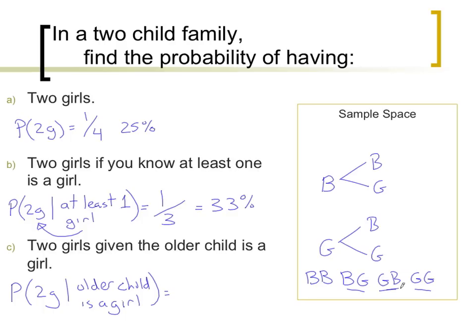That only happens in this case here and this case here, with girl boy and girl girl, which means we have two choices. And then out of those, how many have both girls? Well, only the one. So there's a 1 in 2 chance of having two girls given that the older child is a girl. Here we get 50%. So hopefully you can see how that given information affects the total number that we're drawing from.